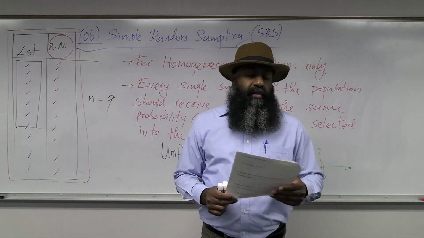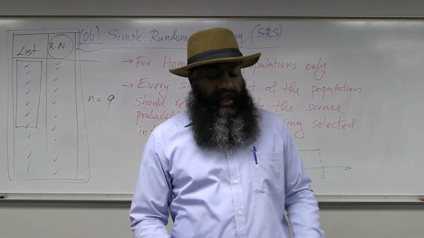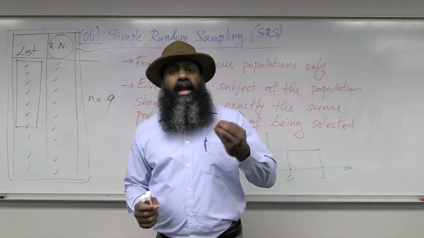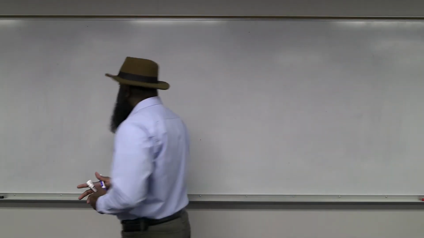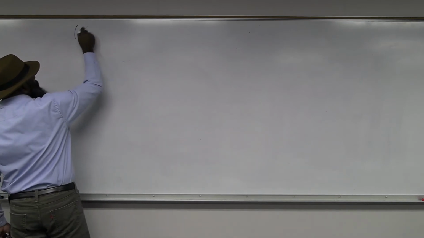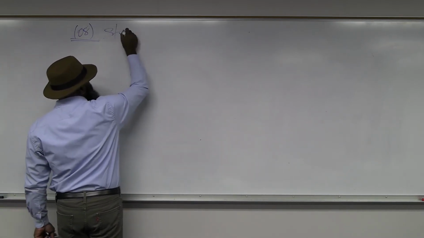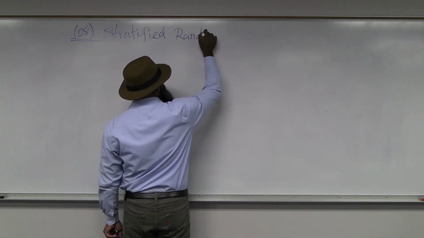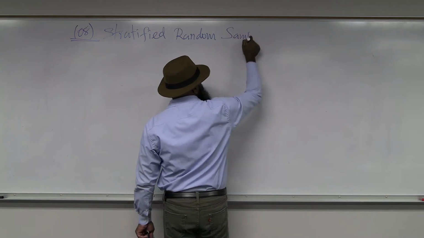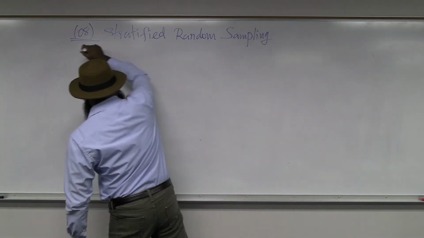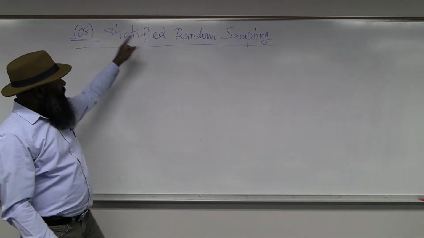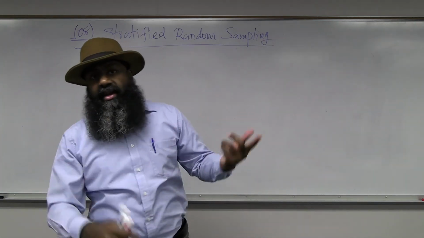Let's move on to point number 8. Under point number 8, we are going to see how to select a sample from a heterogeneous population. All right, so under point number 8, we have stratified random sampling. Now, like I said earlier, stratified random sampling also has the same initials, SRS, but we don't abbreviate it as SRS.